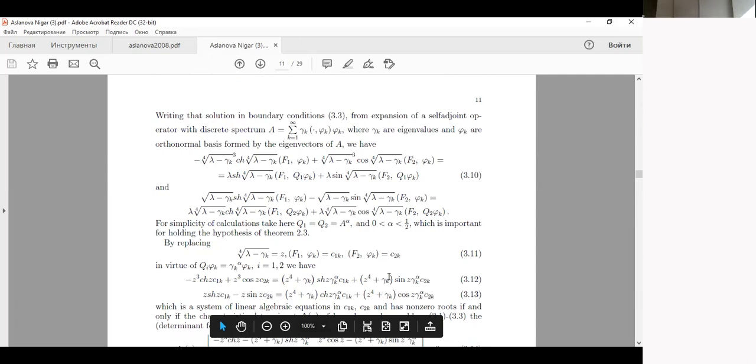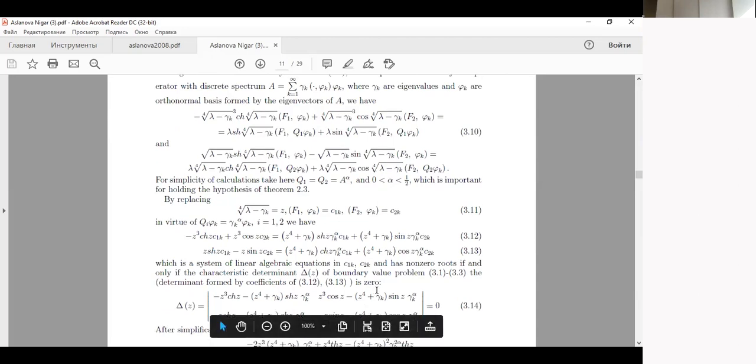In fact, I have to tell you that it is the equation from which eigenvalues are defined. In the scalar case, say in Neymark's work, it plays the role of the characteristic determinant. What are the roots? We have to find these roots.